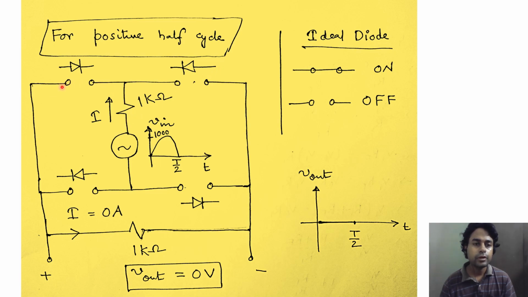Therefore there is no current flow throughout this circuit, and hence the drop across this load resistance will be 0 volts, because current multiplied by resistance is the voltage drop, and this is equal to 0 volts. So when we are in the positive half cycle of the input waveform, the output voltage is 0 volt. This is simply because these top diodes are acting in reverse bias mode.